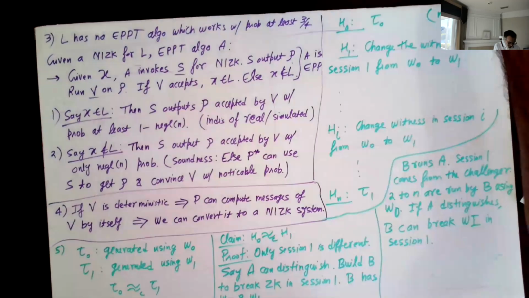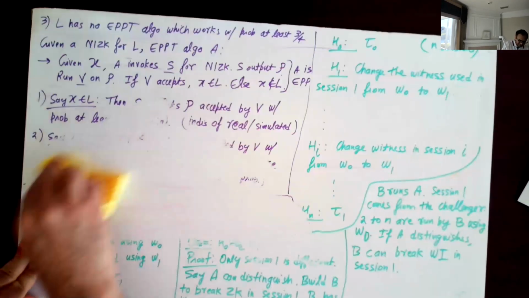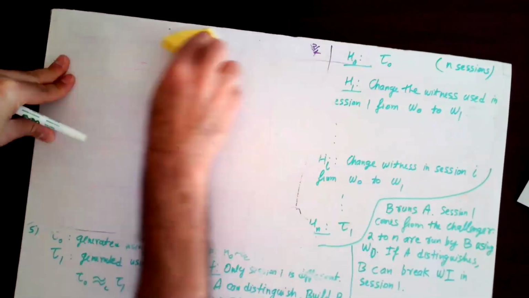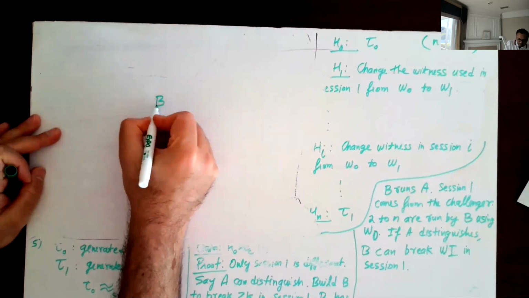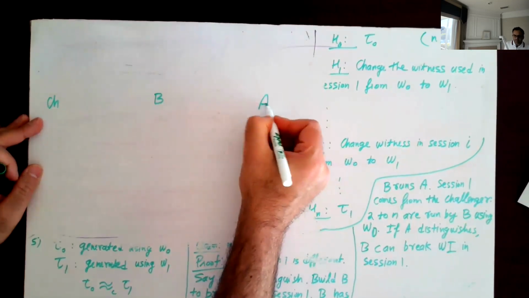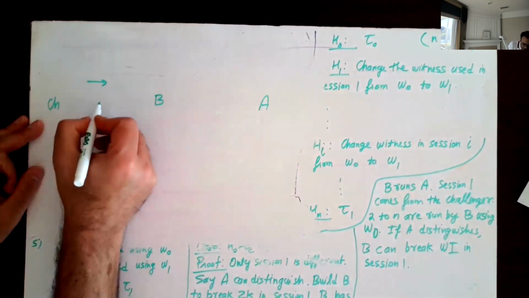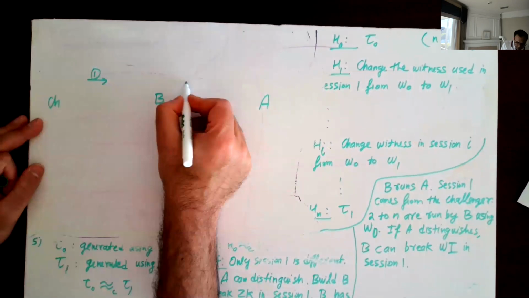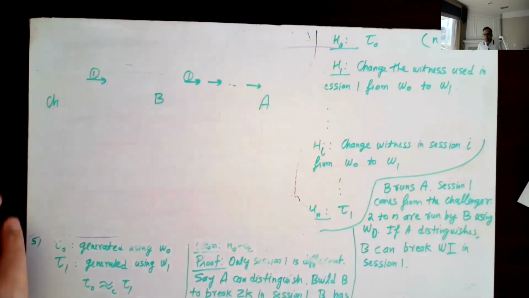Okay, let me draw a picture here. So here is our algorithm B which we are designing, and here is our challenge prover, and here is the algorithm A. So the prover sends a single message in session 1 to B. And now B has to give messages from n sessions to A, right?